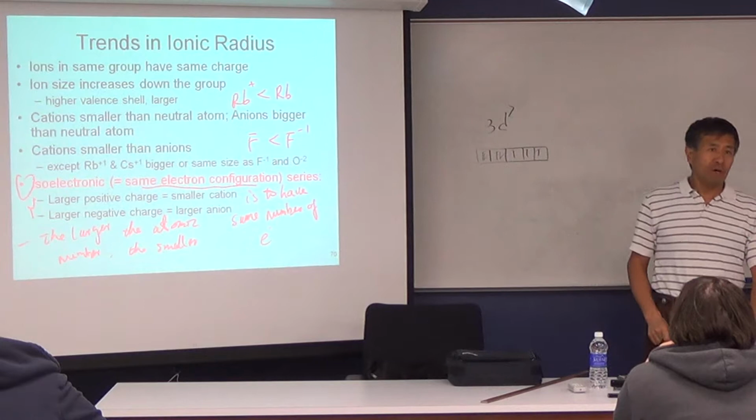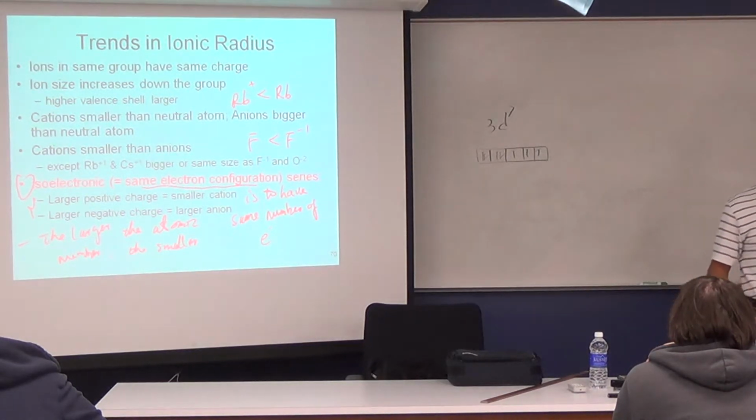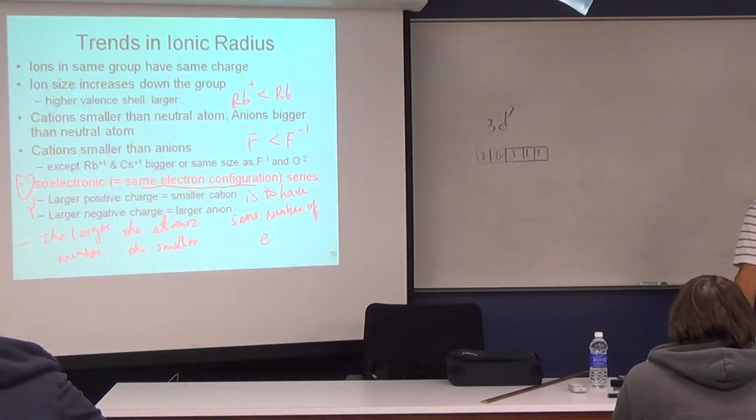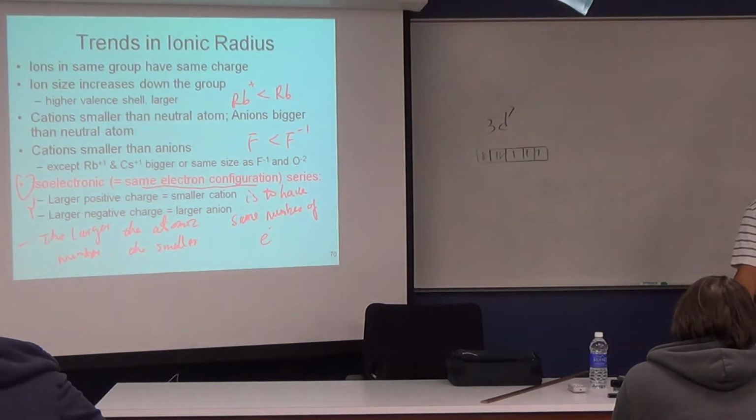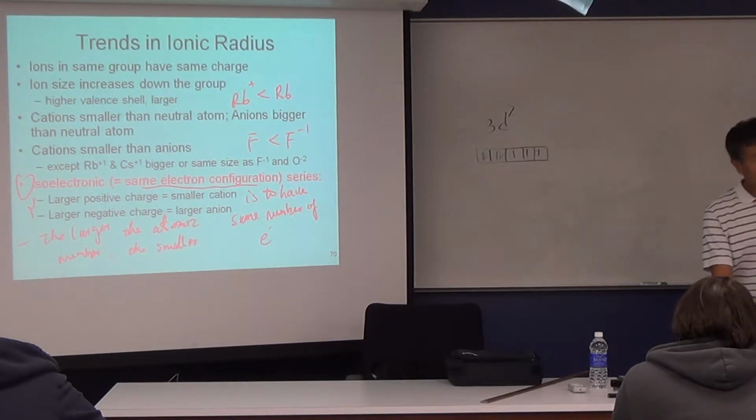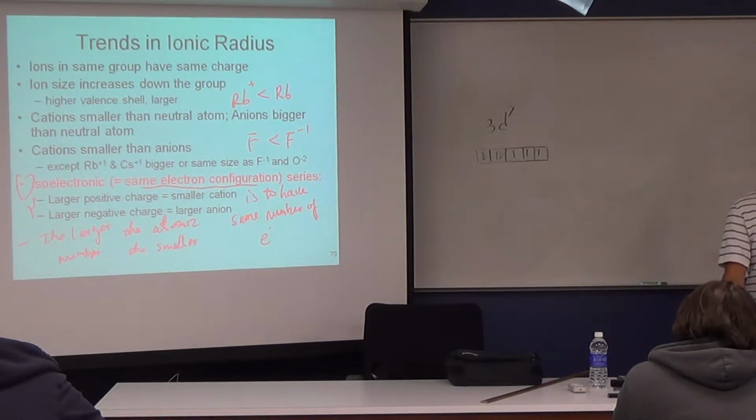You can identify a few of these ions, maybe positive, maybe negative, or even a neutral atom. If you identify they have the same number of electrons, and they all have atomic numbers, then just identify who has the largest atomic number. The one with the largest atomic number will have the smallest radius.